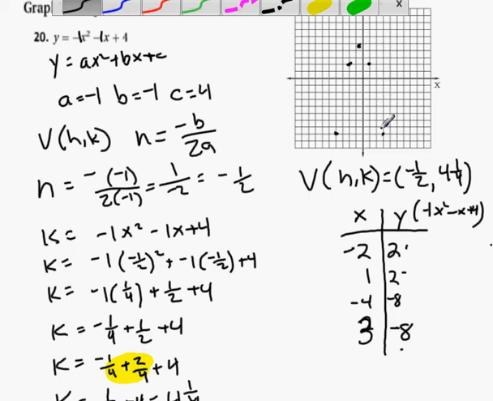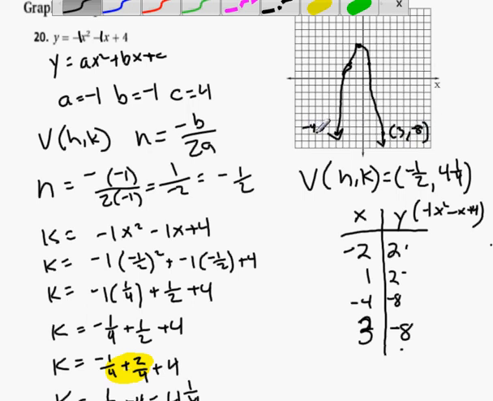And I think we have enough points there to be able to draw our graph. So our graph is simply going to be a parabola going through these points. Like so. So here we have 3, negative 8.